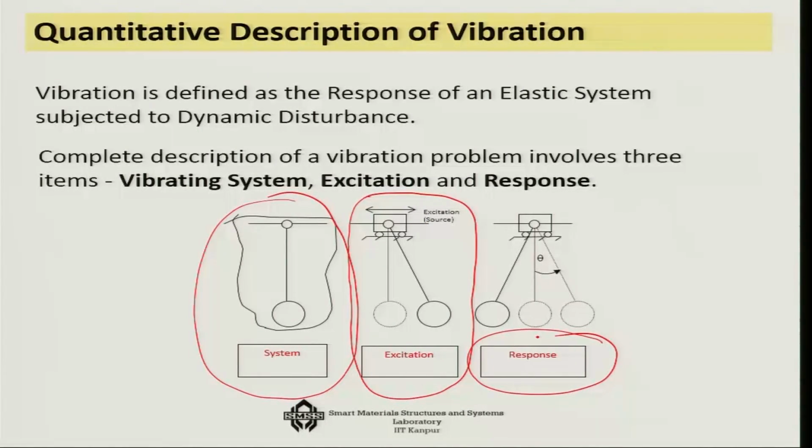So, once again, if you can quantify these 3 things, first, what is the system that is vibrating, how the system is getting excited, and due to that excitation what is happening to the system, like in this case the angular amplitude, that is the response, then that quantifies the entire description of the vibration.